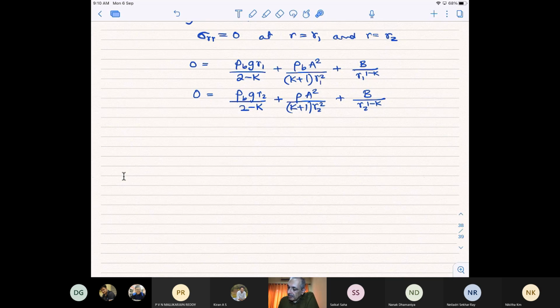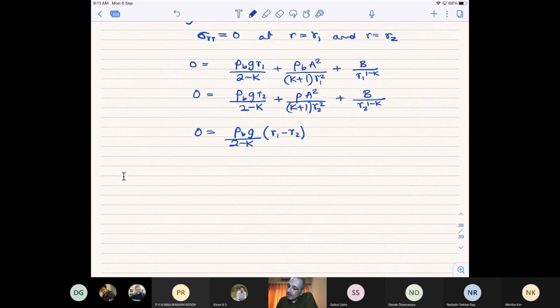So then what I will get is 0 is equal to rho b g divided by 2 minus k into r1 minus r2.